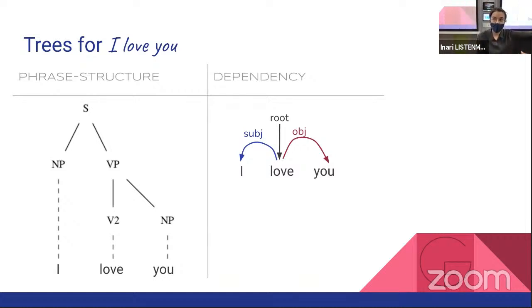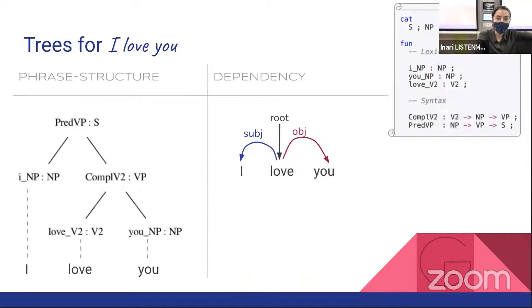There's a root word, and that root word has two dependents. So it's very much lexicon driven. Right, so here is the same. We just swapped the context-free grammar for a GF grammar for this phrase structure version.